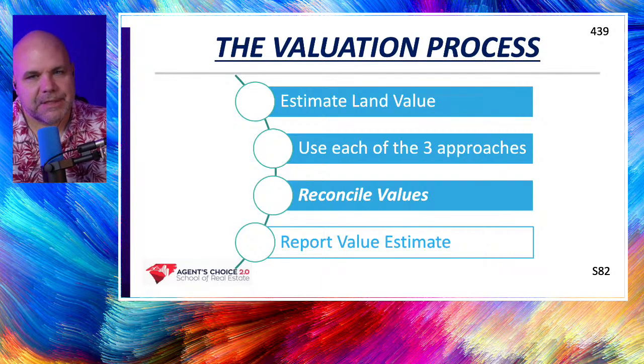All of it will make more sense as we dig into those things. So depending on reconciling those values, they will pick the one that's the best match. They will report that value and say, here's what I think it's worth. Here's my estimate of market value. And that's what they report on the appraisal.